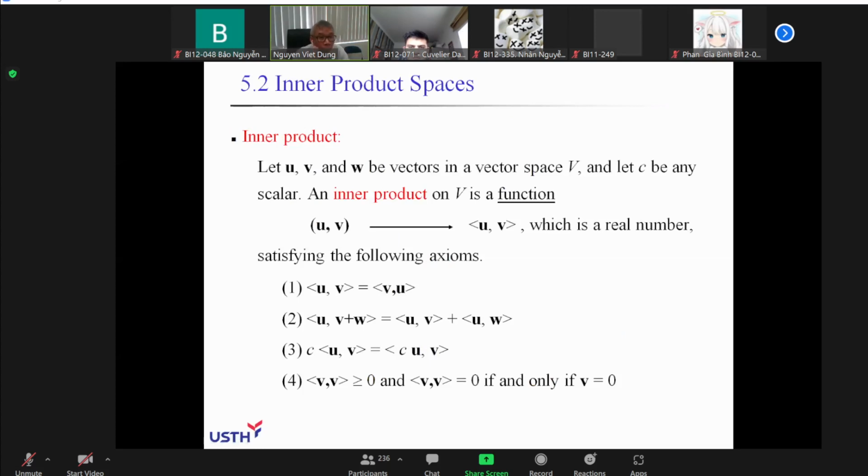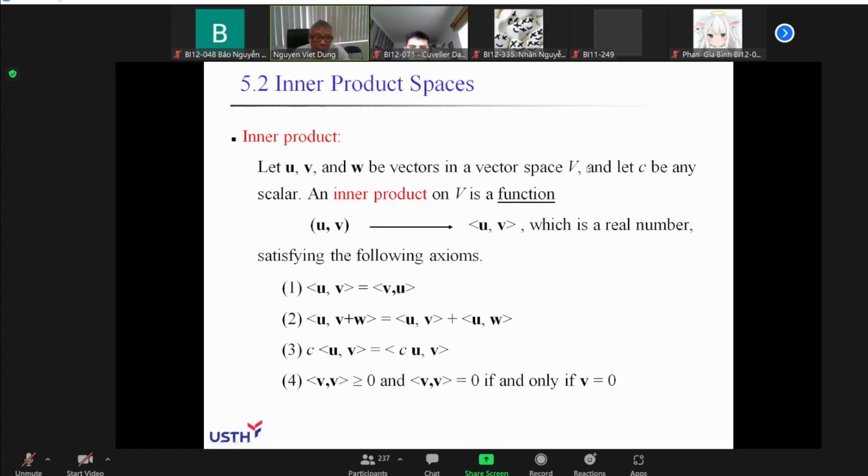Now I go into the notion of inner product space. We borrow four properties of the dot product to define what the inner product is. Suppose that V is a vector space.